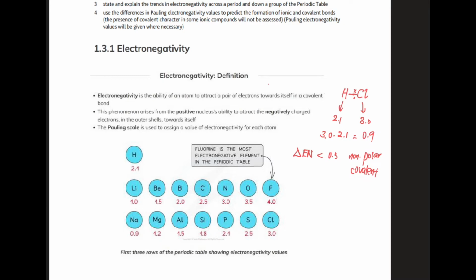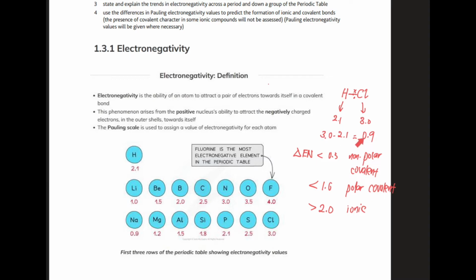And then less than 1.6, so that is polar covalent. And then if the difference is greater than 2.0, that is ionic. So if you are not very sure, then you can use this as your general guideline.